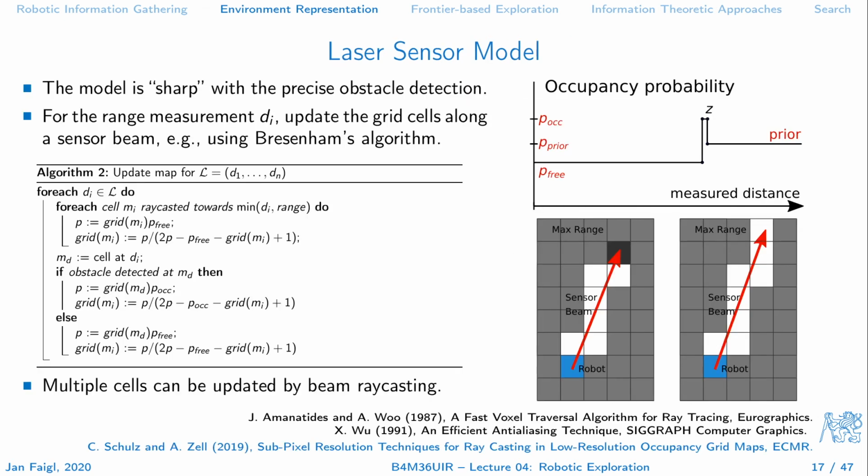But usually nowadays we use the laser sensor, and the model is very sharp. It's very precise. So we are quite sure, much more sure than for the sonar, that it's free space up to the measured distance, which is surely the obstacle, because the laser beam has been reflected.